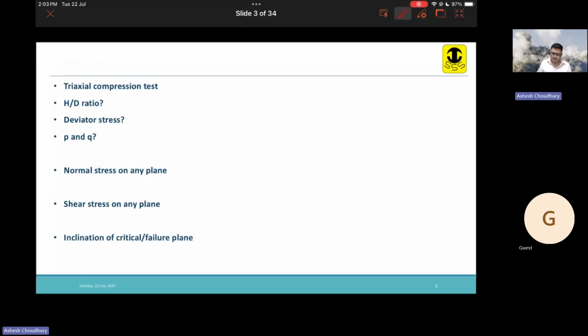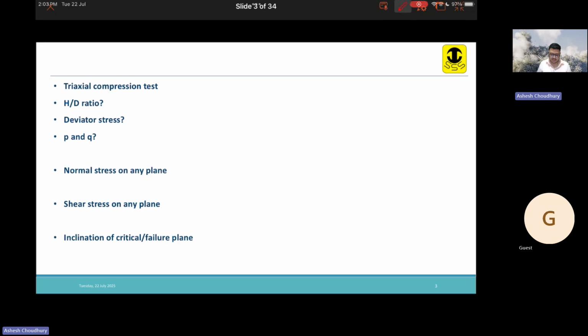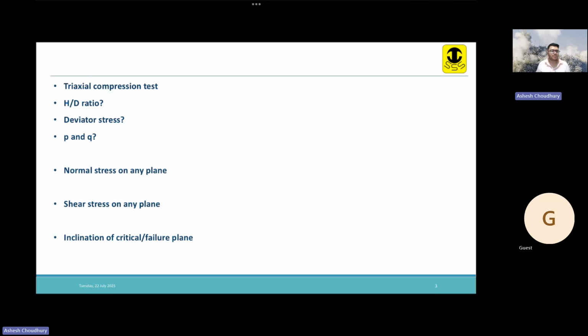So what is the triaxial compression test? We all have studied the triaxial test in our soil mechanics or geotechnical engineering courses: how it is done and what it is. There are three types of tests: unconsolidated undrained, consolidated undrained, and consolidated drained.